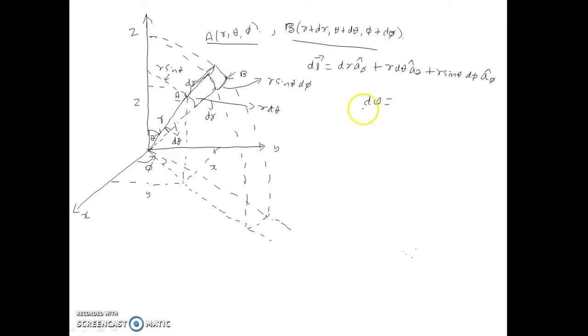The volume of this element is given by, this is dr, this side is r d theta, and this side is r sin theta d phi. Therefore the volume element is given by r square sin theta dr d theta d phi.